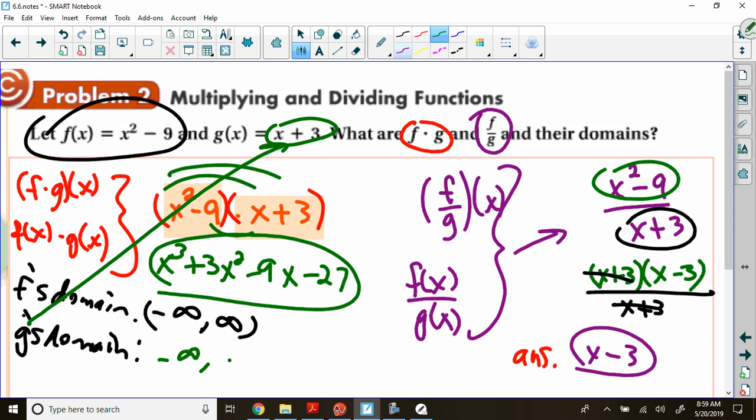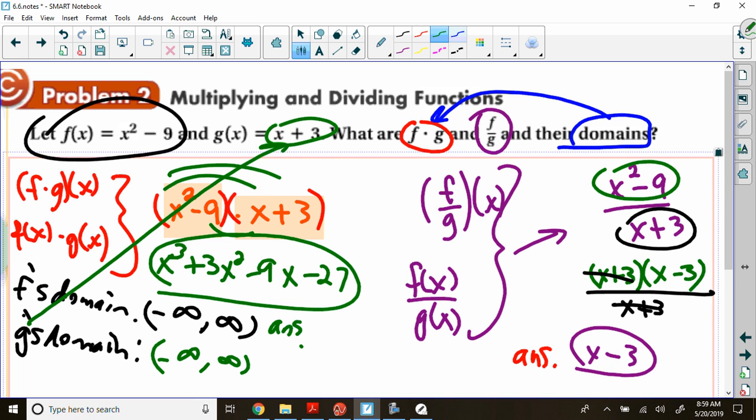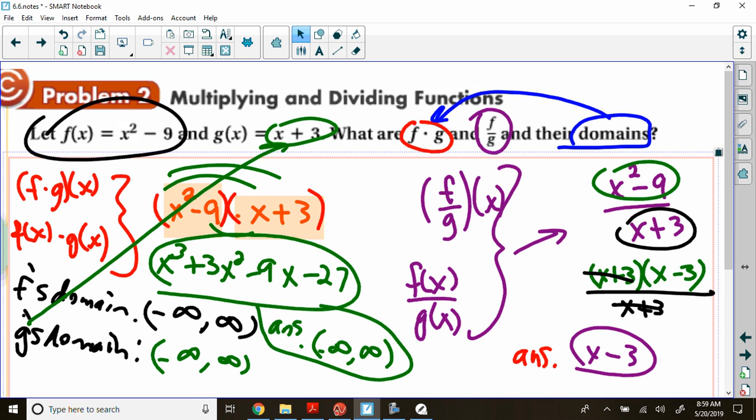So g's domain's all real numbers. So the domain of f times g, when we're talking about the product, is going to be all real numbers, negative to positive infinity. So that's the second part of our answer for that one.